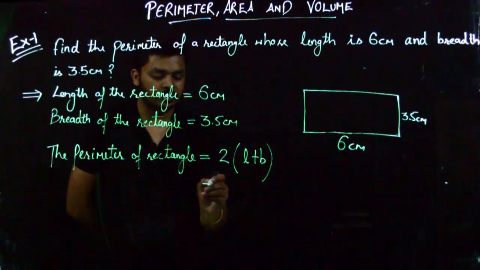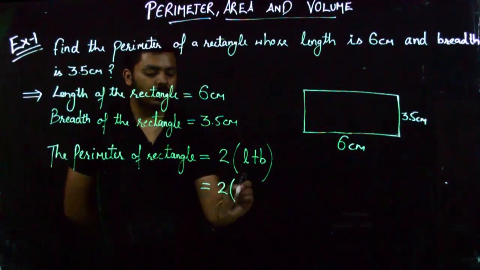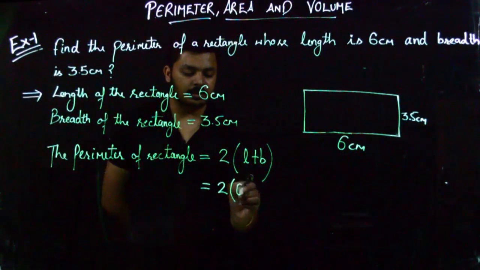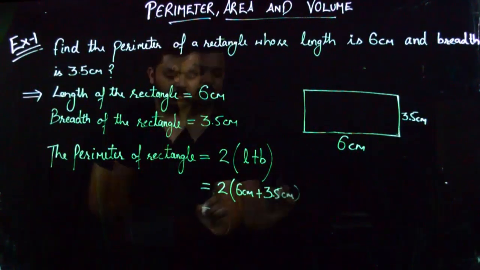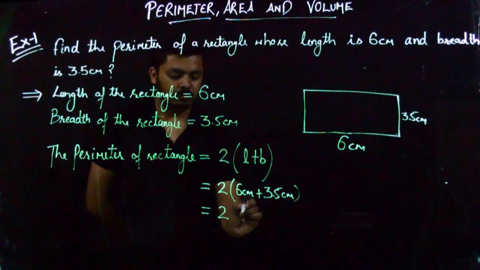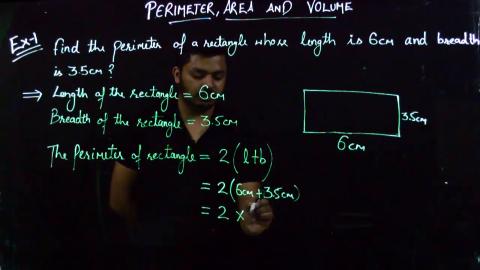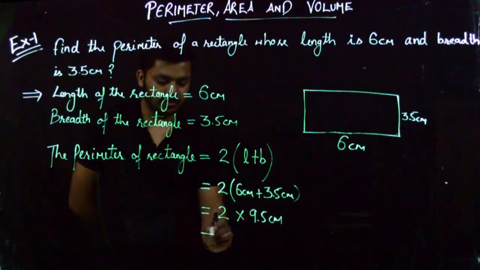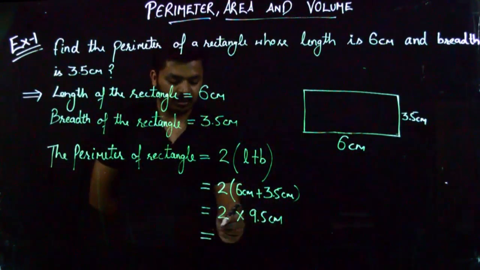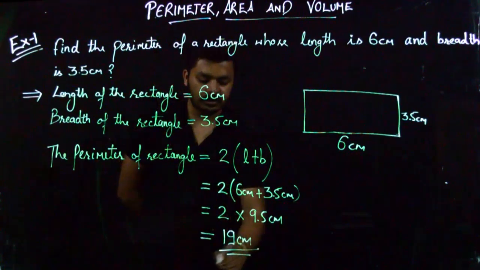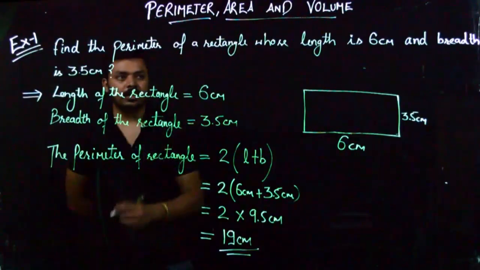That is twice the sum of length plus breadth. 2 times (length 6 cm plus breadth 3.5 cm). So 2 multiplied by 9.5 cm, which is equal to, when multiplying 2 into 9.5, we get 19 cm. So this is the perimeter of the rectangle.